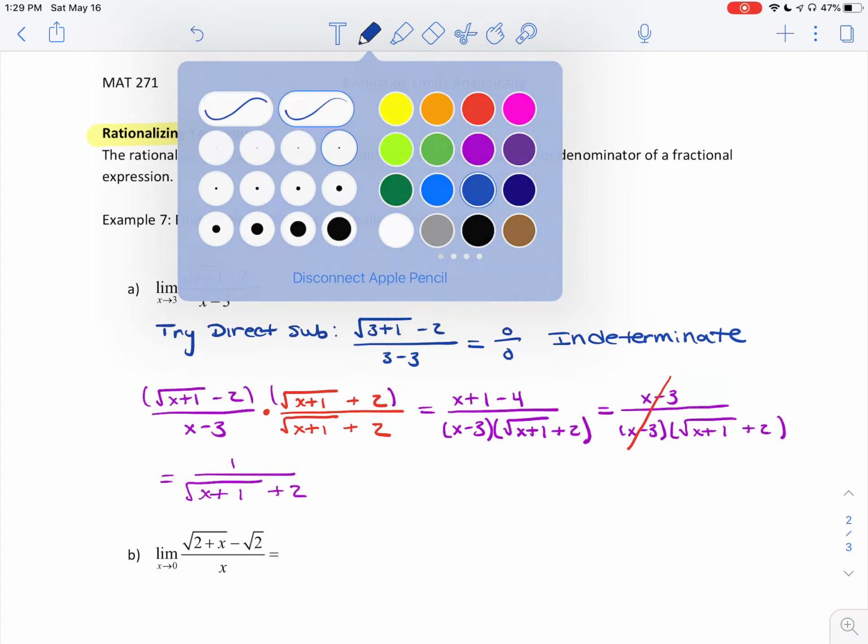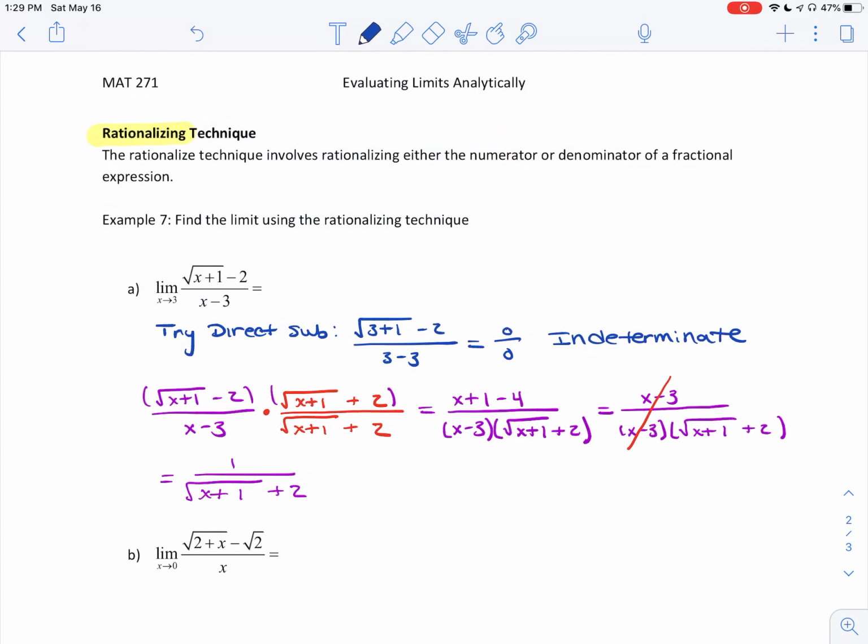All right, so back up here, our limit as x approaches 3 of our original function is now equal to the limit as x approaches 3 of our simplified function. So 1 divided by the square root of x plus 1 plus 2, and then we just use direct substitution.